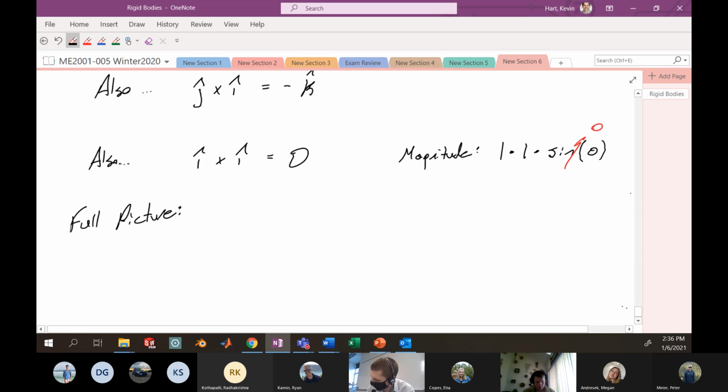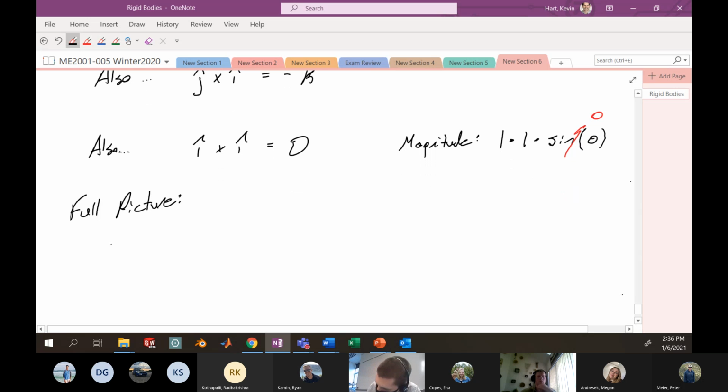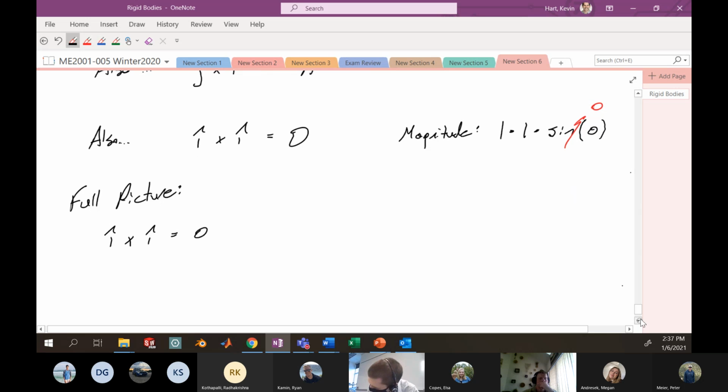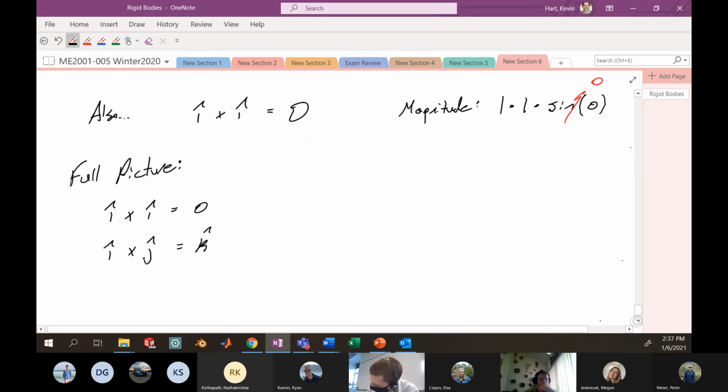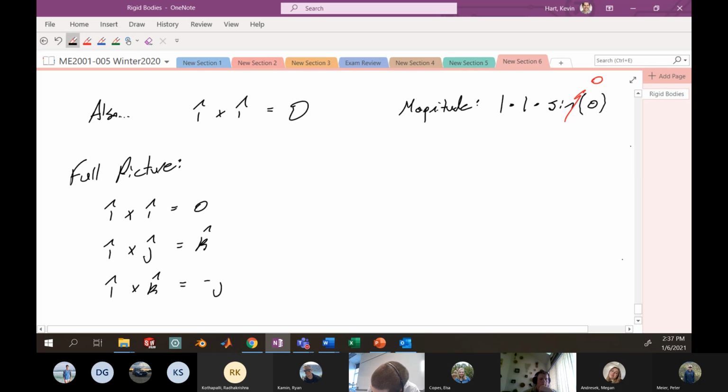So the full picture here, if we wanted to include all of the components: I cross I obviously is 0. I cross J is equal to K. I cross K is equal to negative J. J cross I is negative K. J cross J, 0.